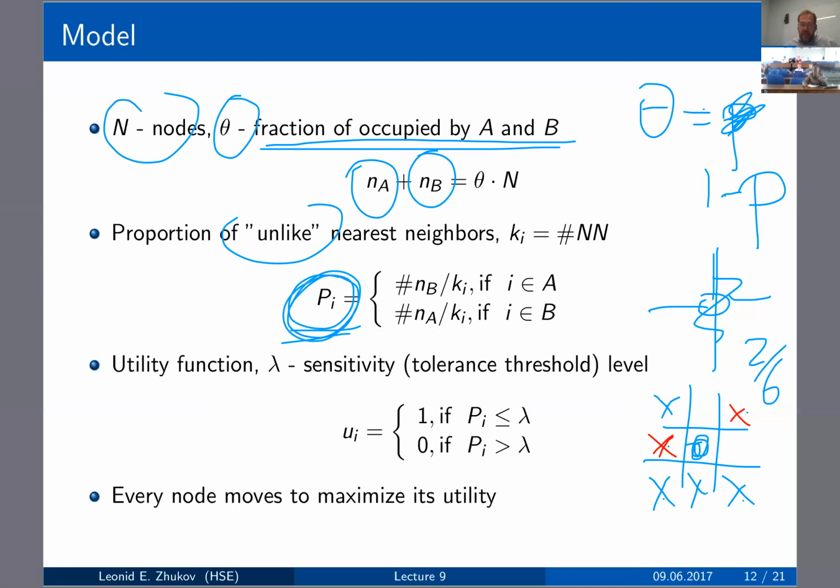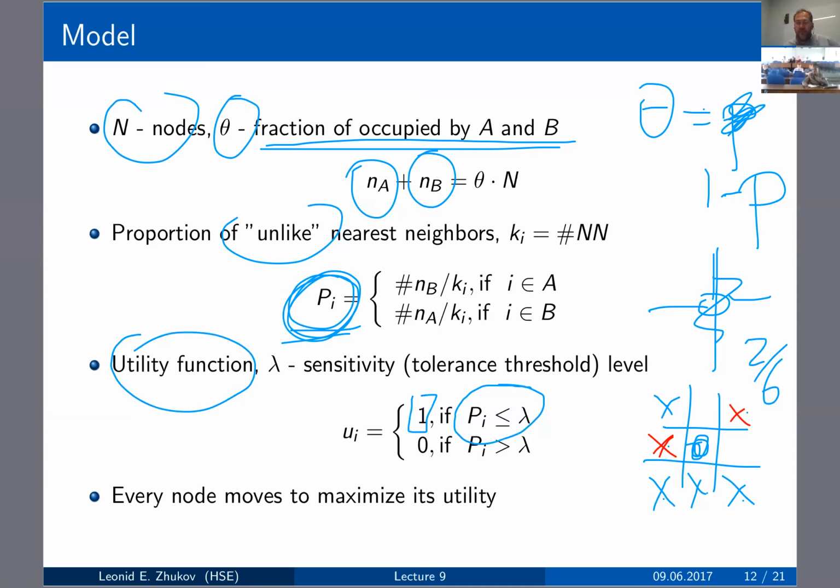And then we need to introduce some utility function. So some function that tells you if this agent is satisfied or not, happy or unhappy. And this function will have a threshold, a tolerance threshold, or in other words, it's also called the sensitivity level. And what it says is, if the fraction of foreign type of neighbors, unlike neighbors, is less than the threshold for the person, he is a satisfied person.